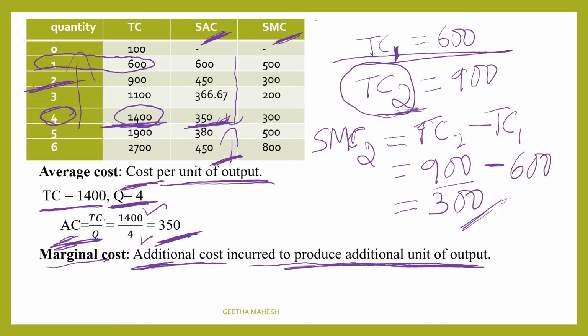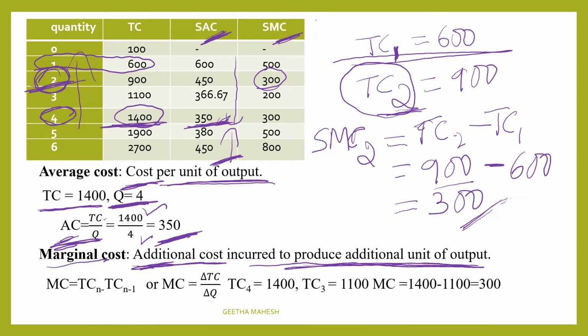This we call short run marginal cost. You can see here marginal cost is equal to total cost n minus total cost n minus 1. Or you can consider marginal cost equal to delta TC, the change in total cost, divided by the change in quantity.